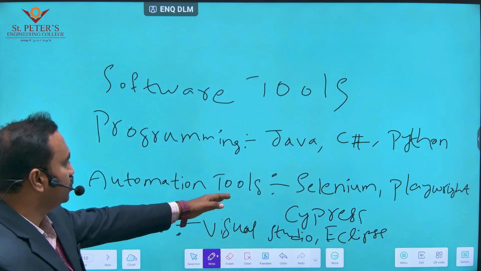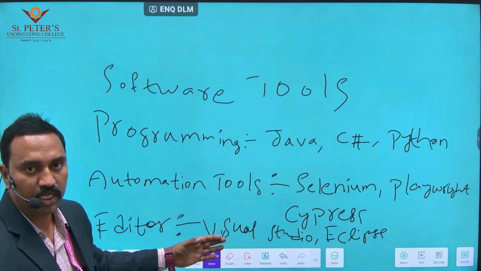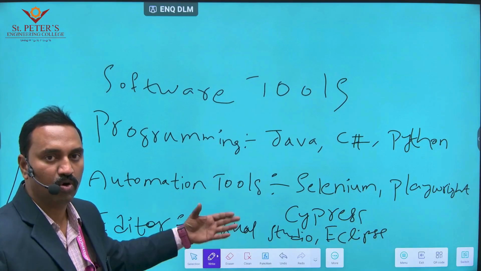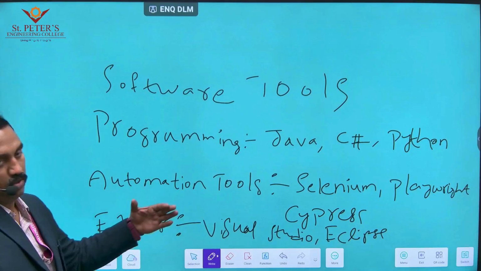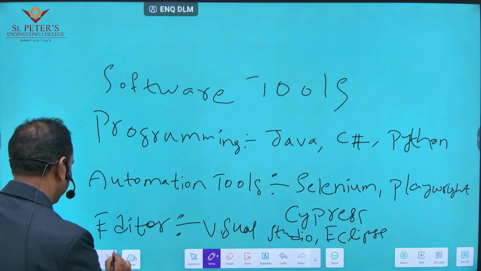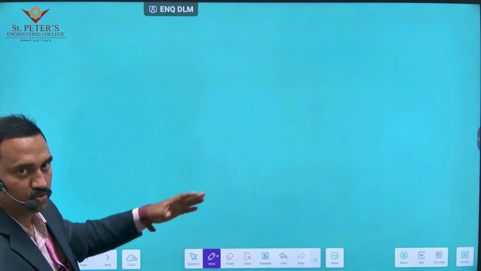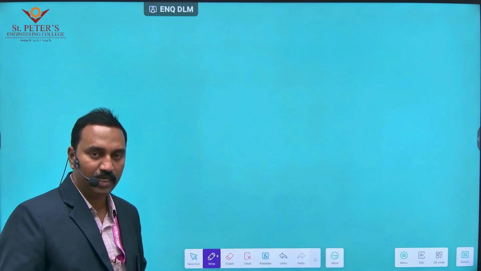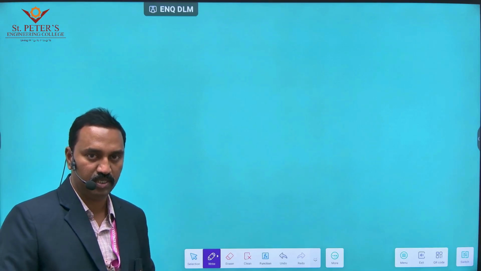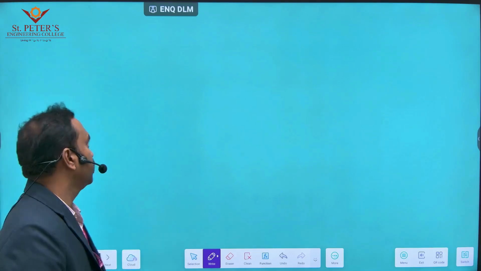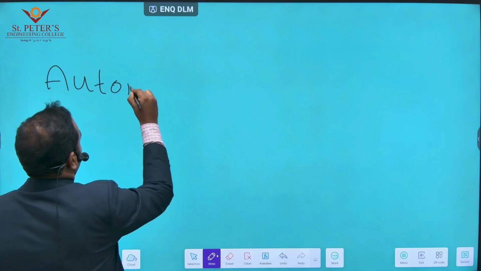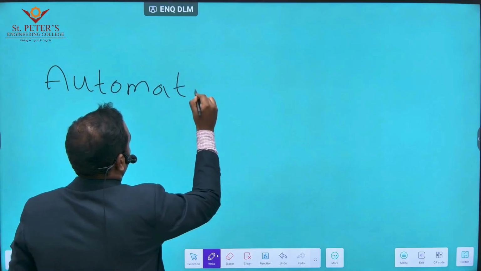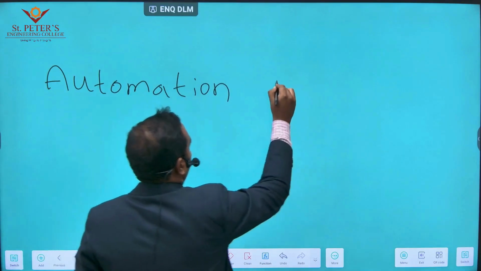Without using these tools, you are testing an application. That testing is called manual testing. I believe you have understood the concept of manual testing. The next concept is automation testing.